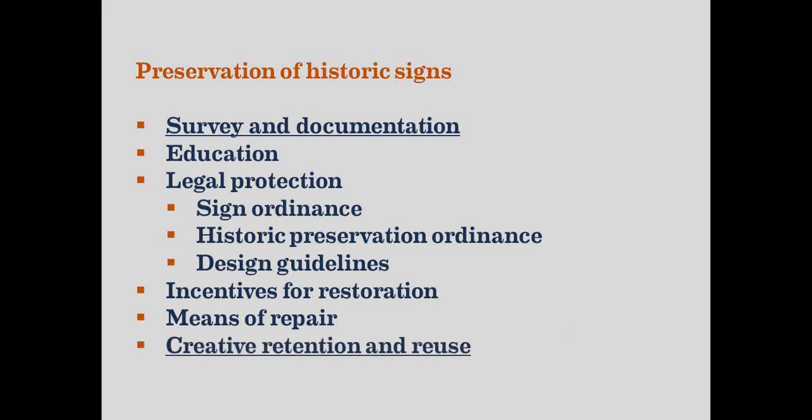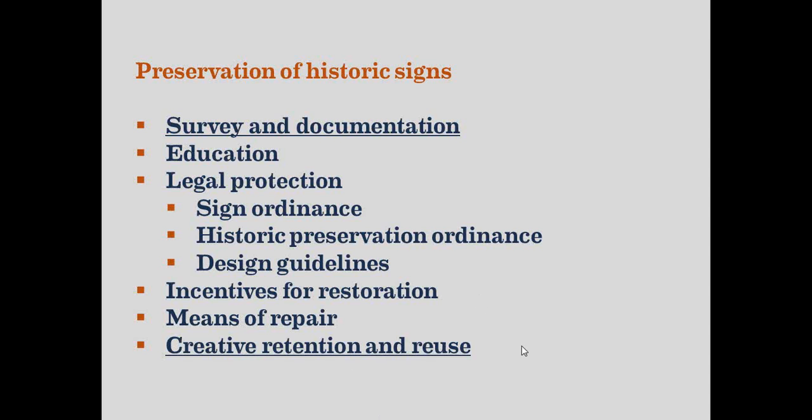And then the last piece, which tends to be pretty critical too, is that signs, because they were intended to grab our attention always, occupy some prime real estate on our Main Street buildings. And so when these businesses are obsolete, how can we, on one hand, preserve the historic signs, and on the other hand, still allow the new incoming businesses the same kind of visibility that they need to have on the front of these buildings?